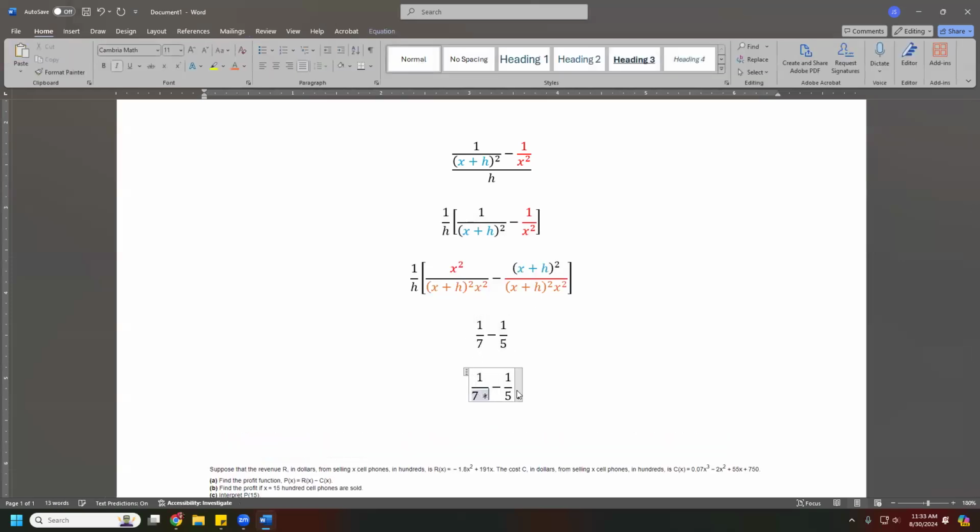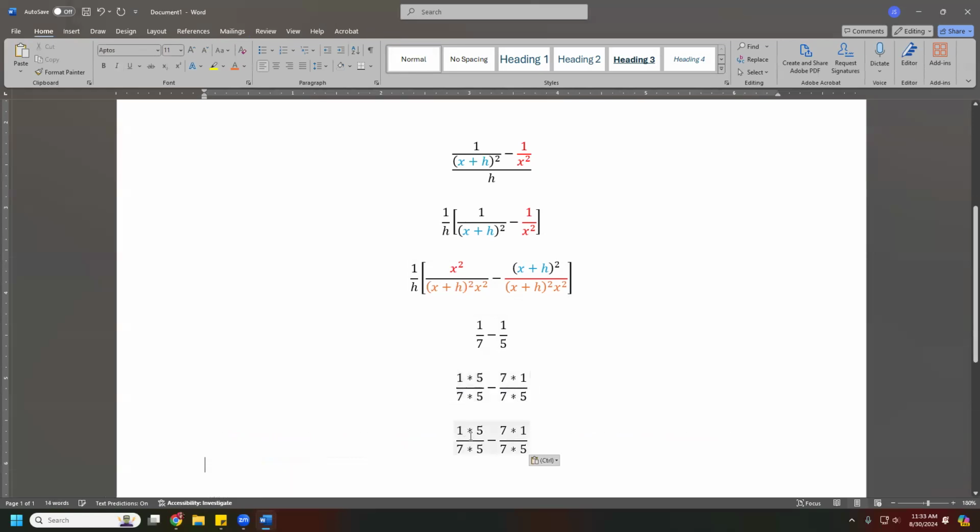So what I would need to do is multiply by 5, multiply by 5, multiply by 7, multiply by 7, and it's exactly the same thing, right? Exactly the same thing except with numbers. This would be 5, and this would be 35, this would be 7, and this would be 35.